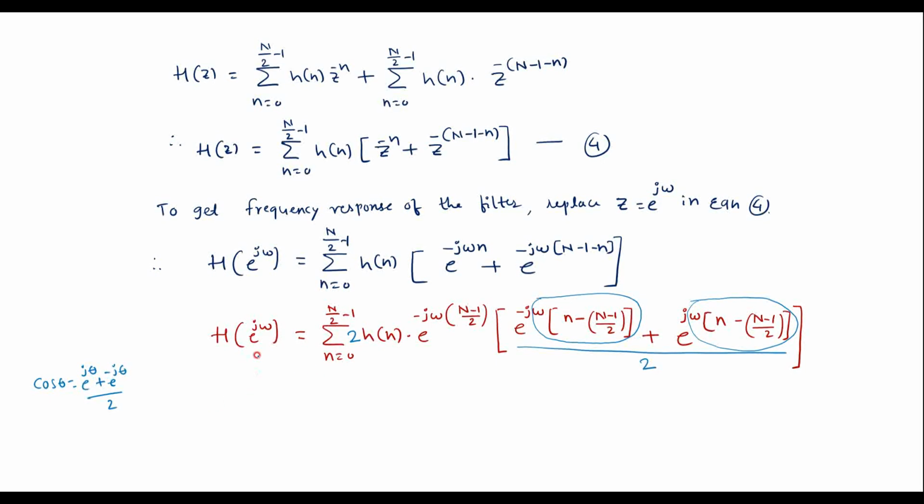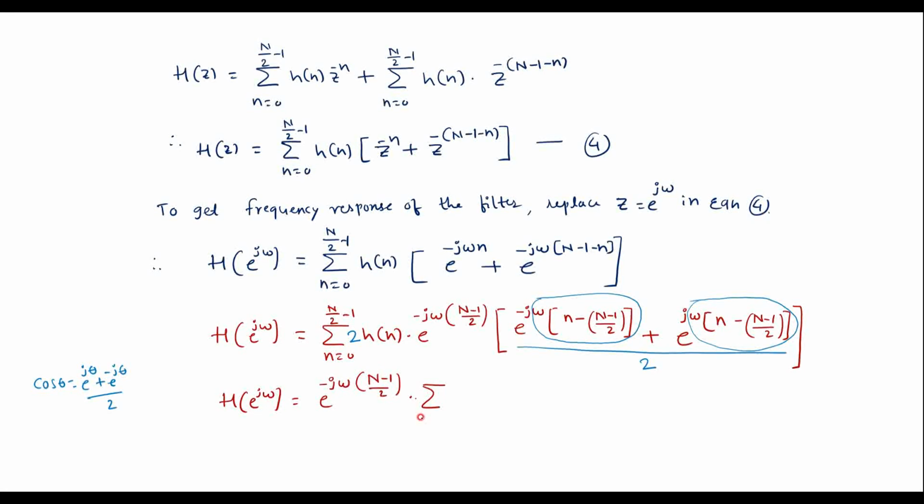Therefore, now I will represent this equation as H of e power j omega is equal to, I'll take this term outside, that is e power minus j omega (N minus 1)/2.